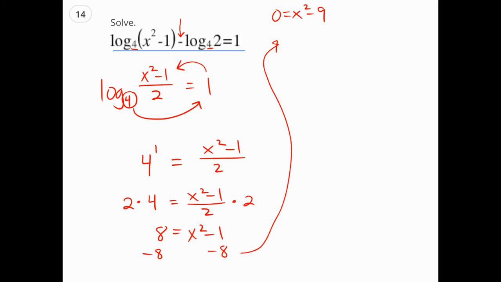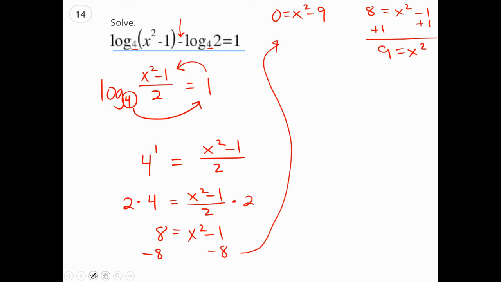The other version is you could actually do the reverse of that. You could have said, I really want to solve and get x by itself. So you had 8 equals x squared minus 1. You could have actually added 1 to both sides, and you would get 9 equals x squared. So either version of this will work.